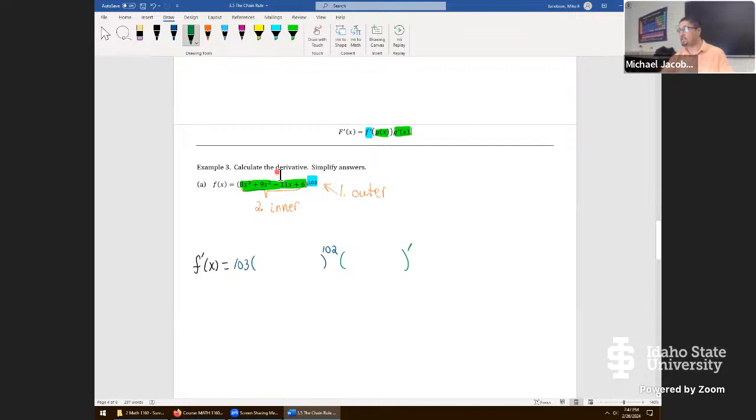I'm just going to copy in 8x cubed plus 9x squared minus 11x plus 6. So nothing changes there. Here we copy it in again, but we'll differentiate it on the next step. So 8x cubed plus 9x squared minus 11x plus 6.